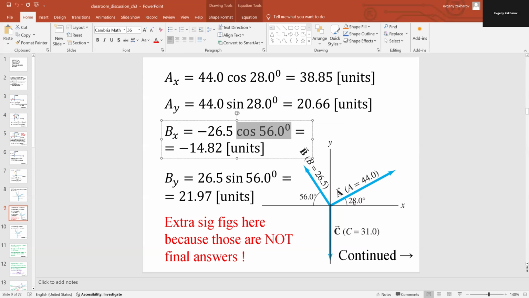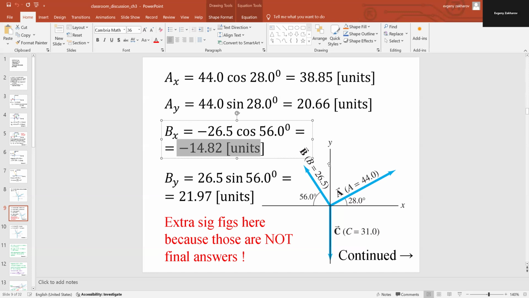It was 28 for A, it's 56 for B. And it's a negative 14 and the change. The biggest concern is don't forget it's a negative, and make sure you don't flip-flop sine and cosine. If it's adjacent, it's cosine. If it's opposite, that's the sine.